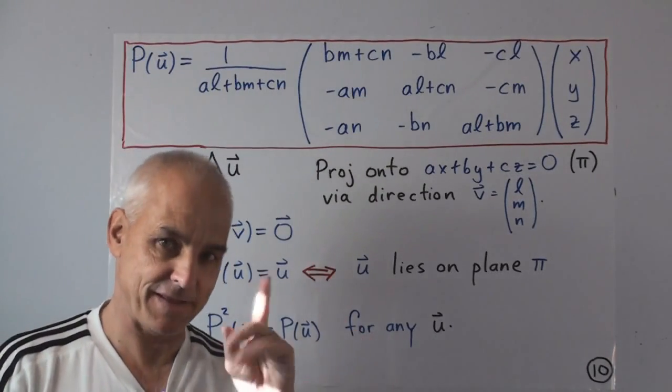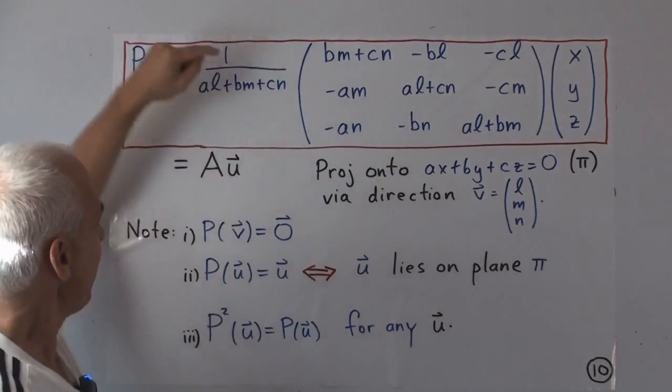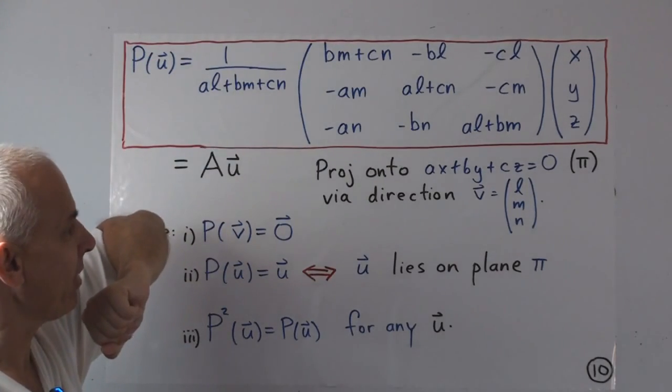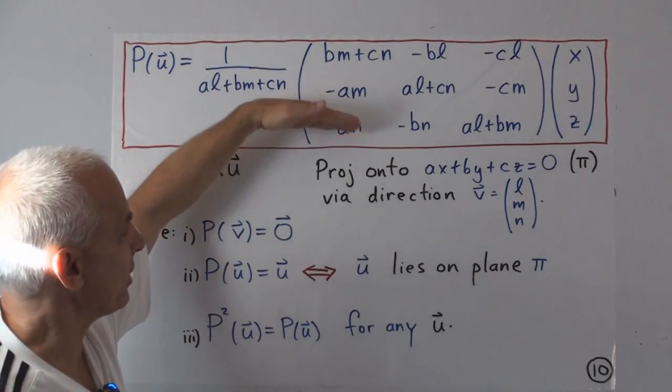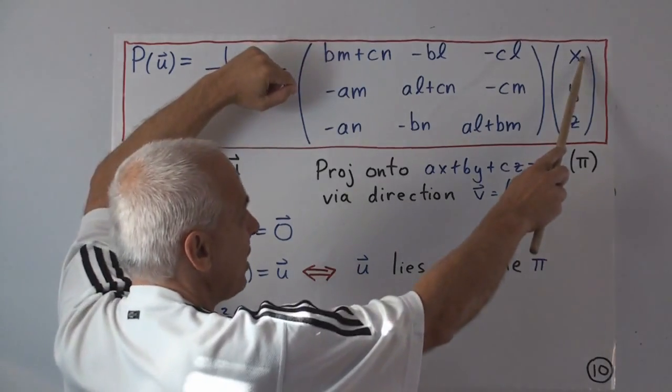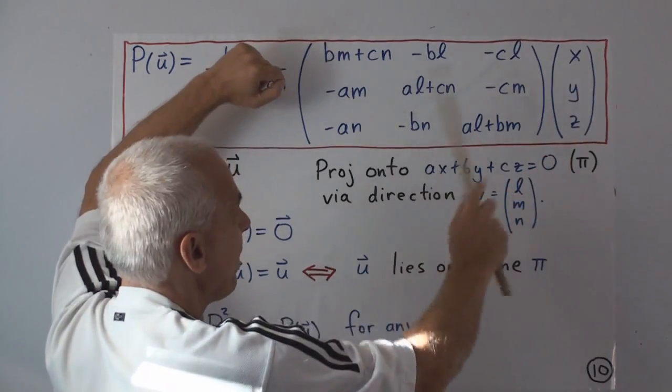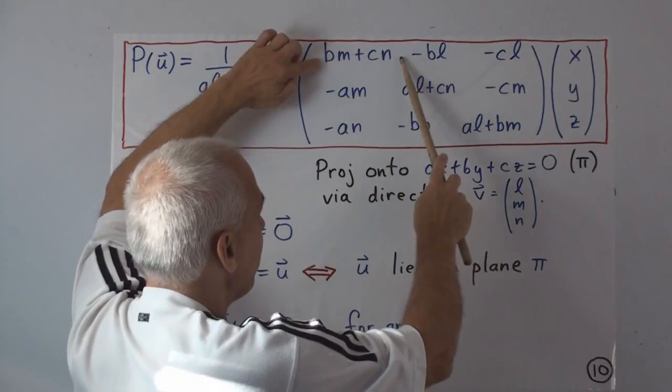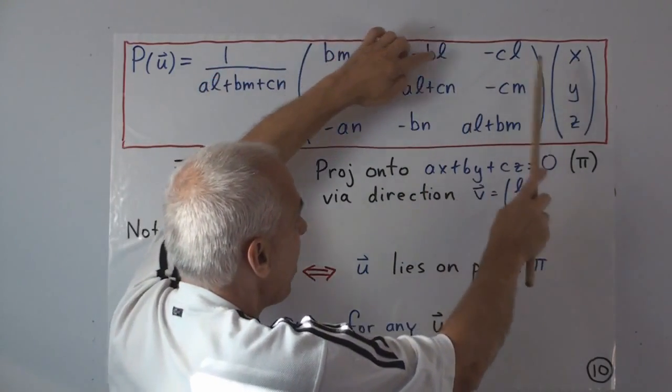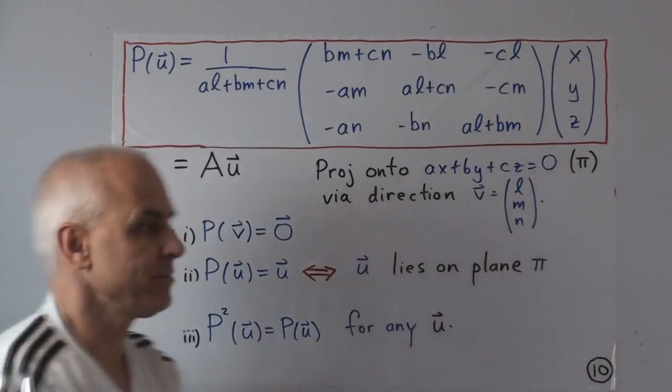So please check that this is in fact correct. There's the denominator that we had before, and then the three entries in terms of x, y, and z can be expressed as x, y, and z times this matrix. So for example, the first entry would be this times x plus this times y plus this times z.